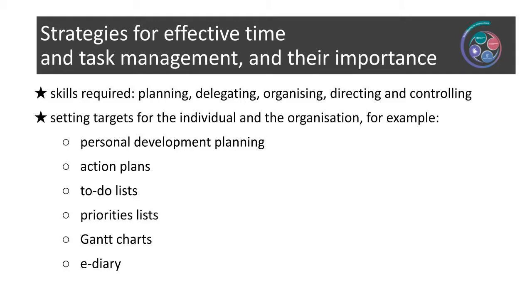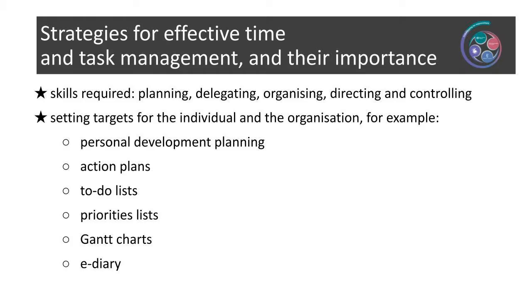We need to make sure that we're setting targets and we understand what setting targets for individuals and the organization involves. People within an organization will have individual targets, but the organization will also have high level strategic targets that they'll be wishing to meet.